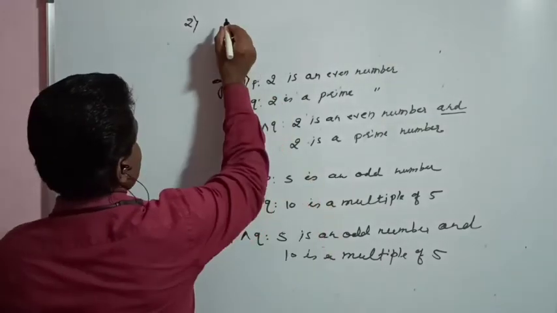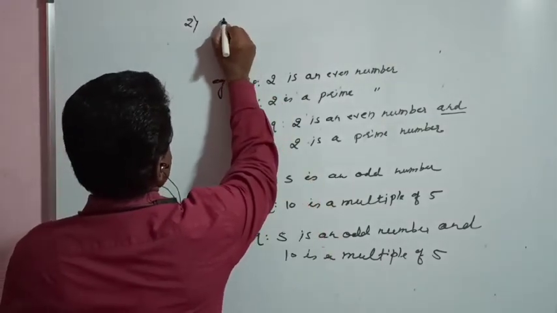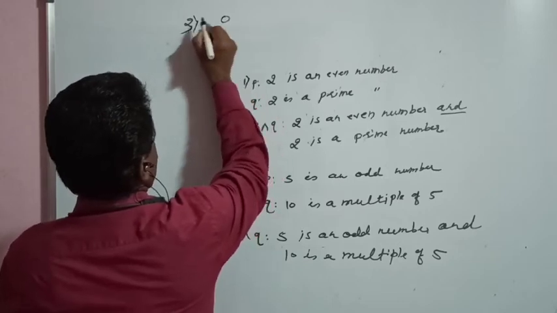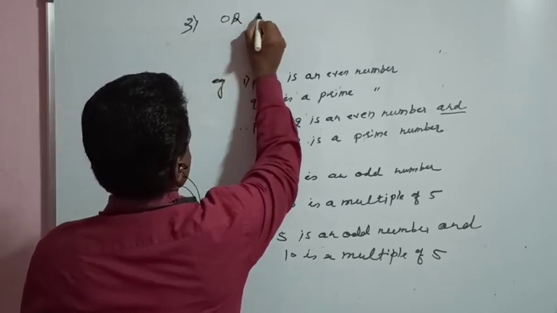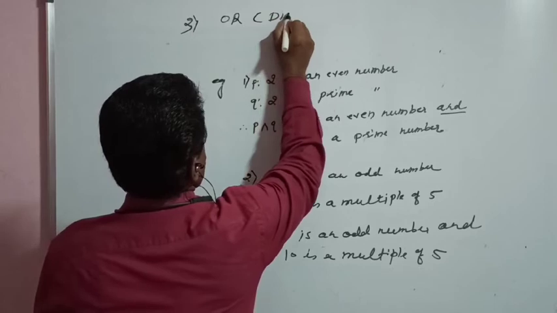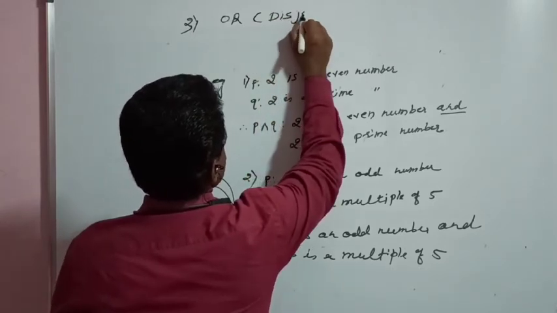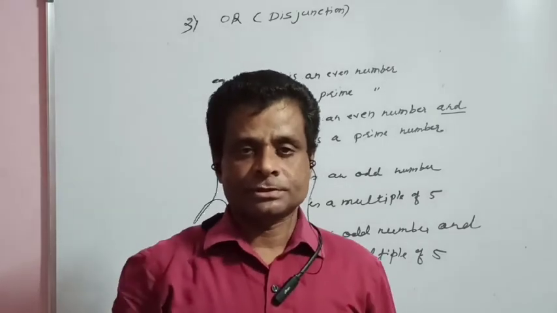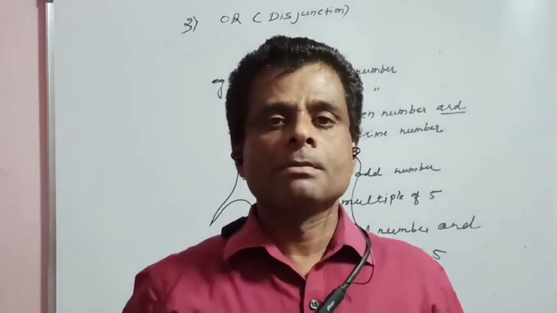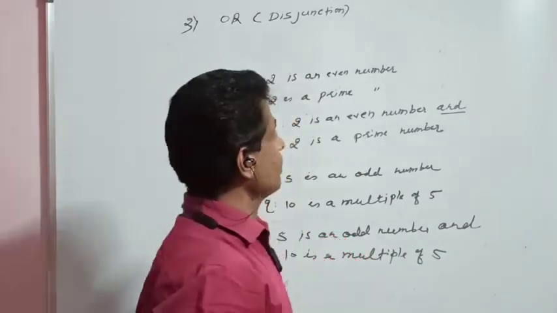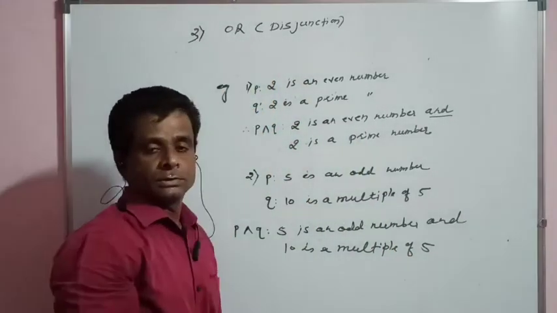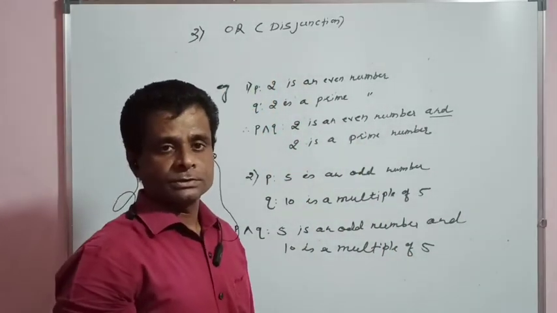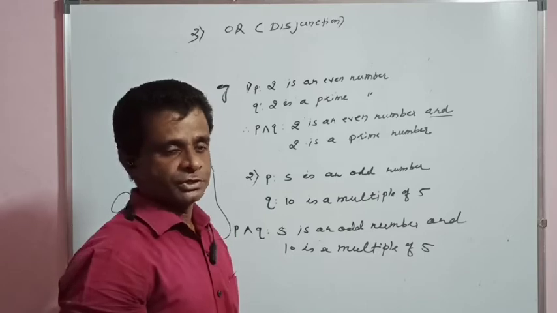Next, I shall consider OR, logically known as disjunction. If P and Q are any two statements, then the two statements which are combined by using the word OR is known as the disjunction.